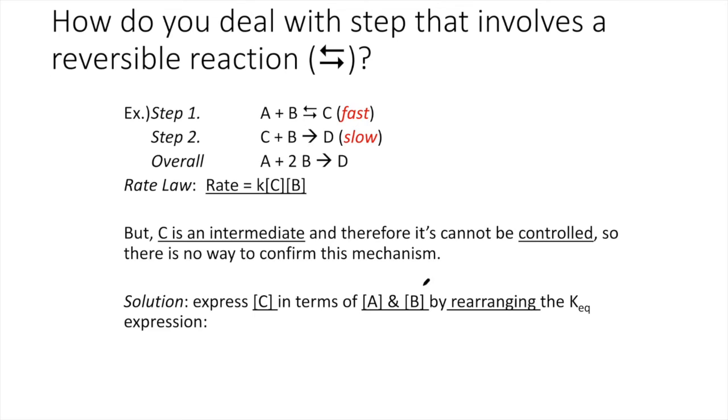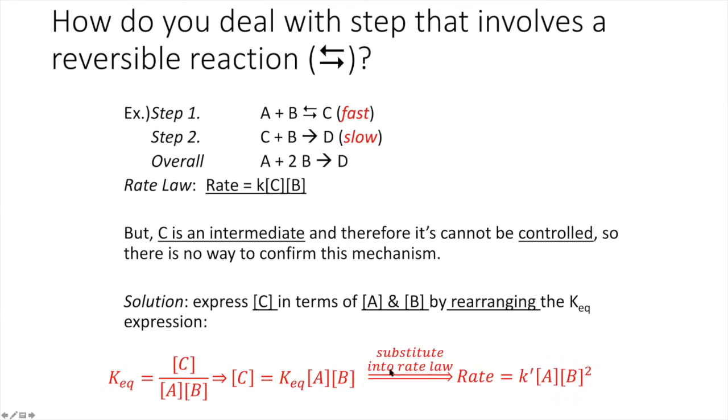Okay, so now we'll look at it in PowerPoint. So the expression for KEQ would just be the concentration of C over concentration A times concentration B. So I rearrange that, and you get concentration of C equals the equilibrium constant times concentration A times concentration of B. Now we're just going to substitute that into the rate law.